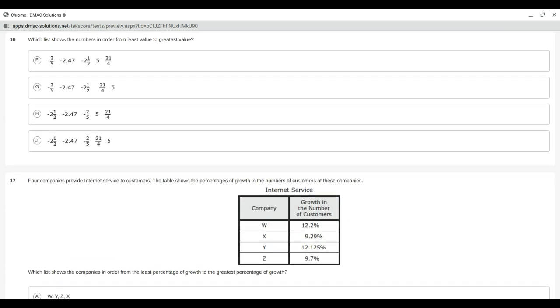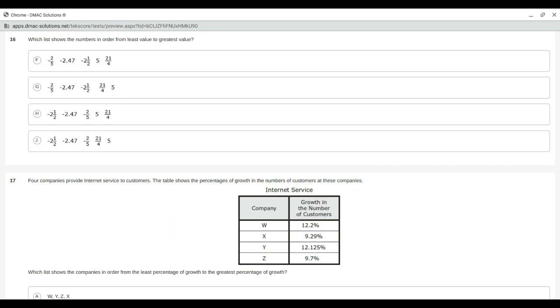Number 16. Which list shows the numbers in order from least value to greatest value? F, negative 2/5, negative 2.47, negative 2.5, 5, and 21/4. G, negative 2/5, negative 2.47, negative 2.5, 21/4, 5.